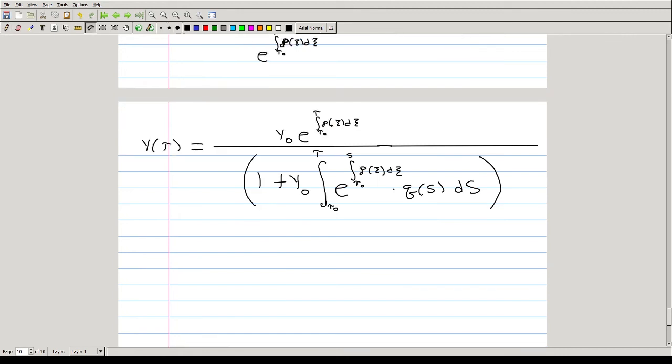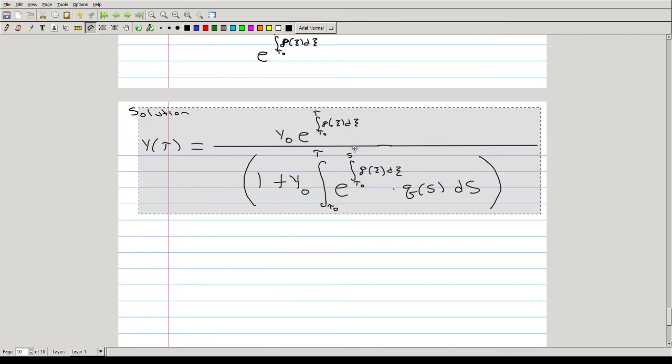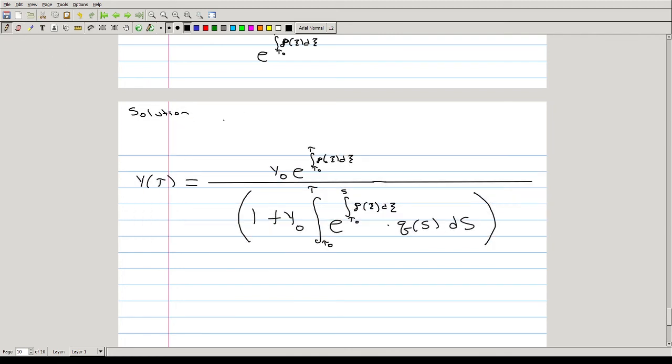So this is great. This gives us the non-dimensionalized solution, the solution to the non-dimensional generalized logistic first order ODE.